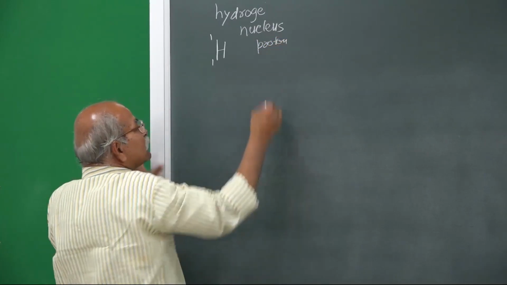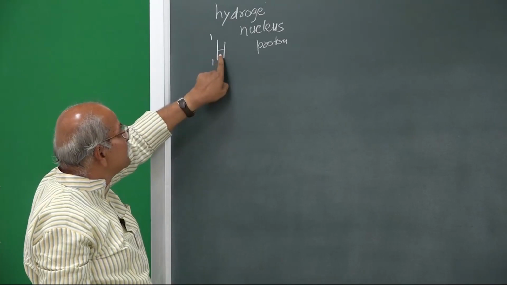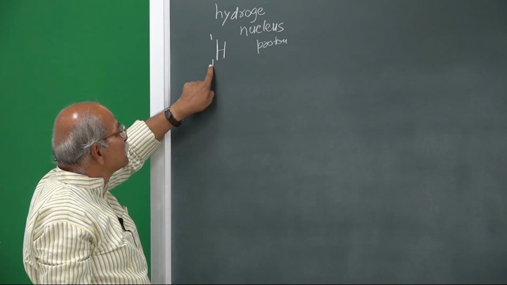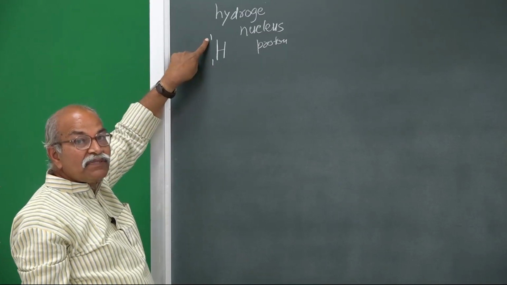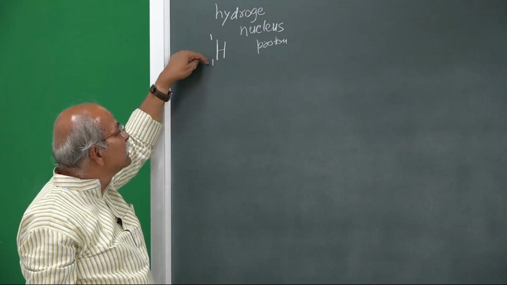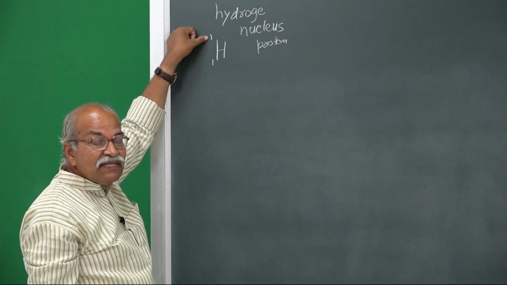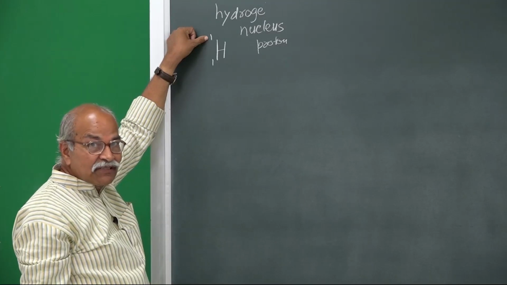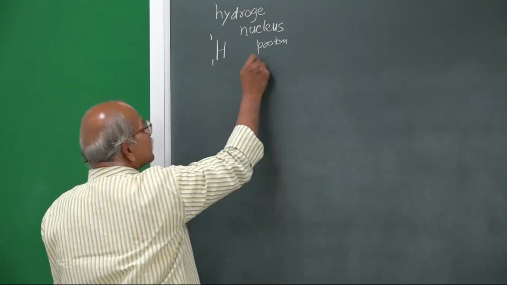The way to write a nucleus is like that: here is the name, this is the number of protons, and this is the total number of protons and neutrons. We collectively call them nucleons. Here there is no neutron, so the number of protons is the same as the total number of nucleons.